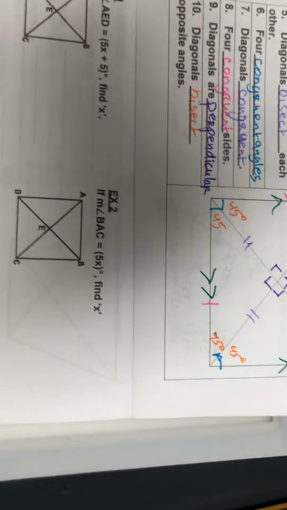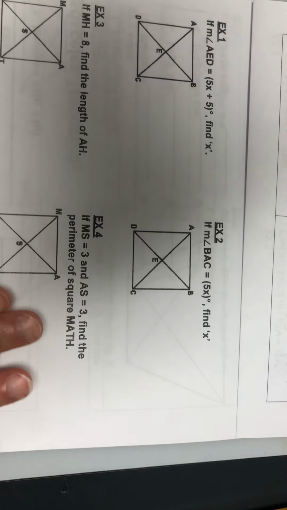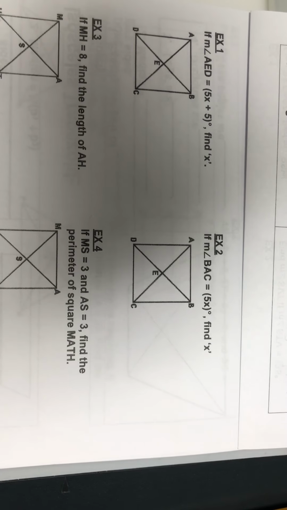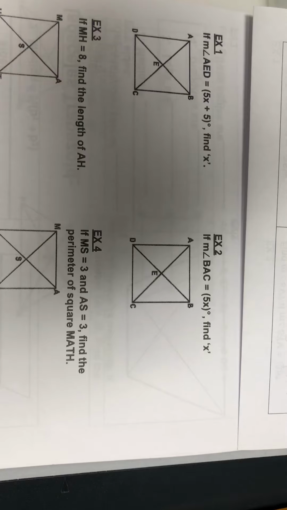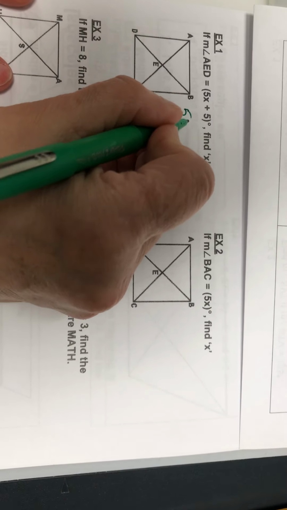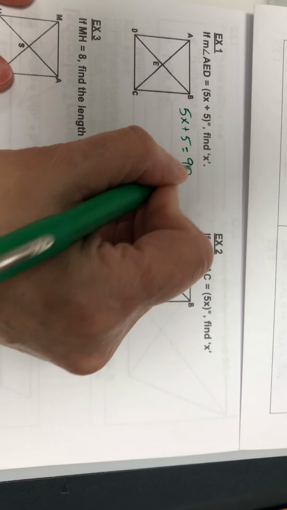Okay, let's look at our examples. Example 1. The measure of angle AED. Diagonals are perpendicular, so that is equal to 90. So we've got 5x plus 5 equals 90.